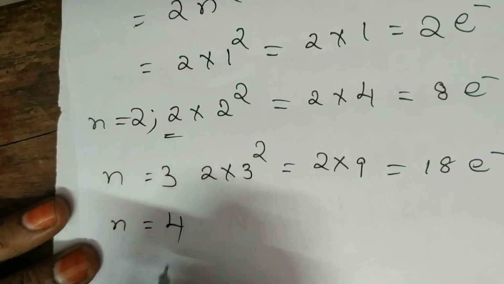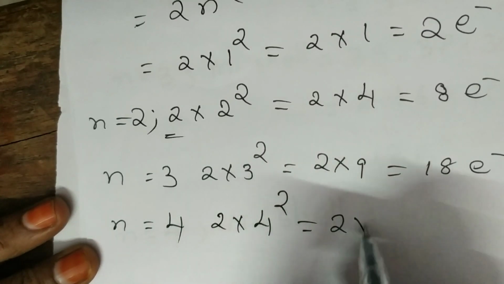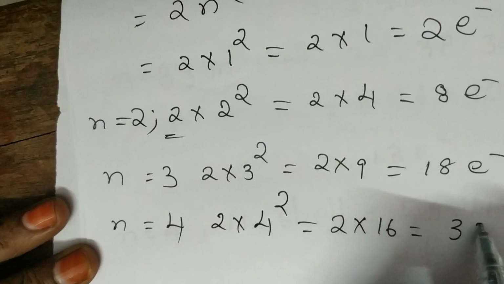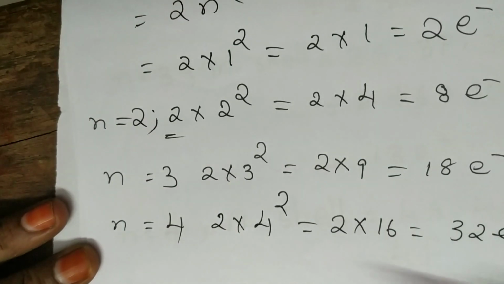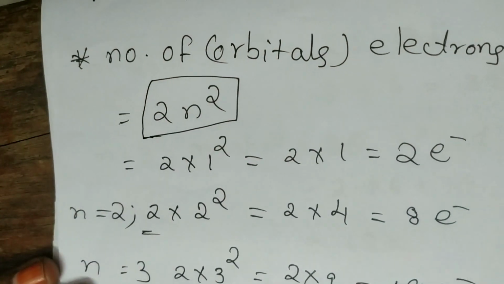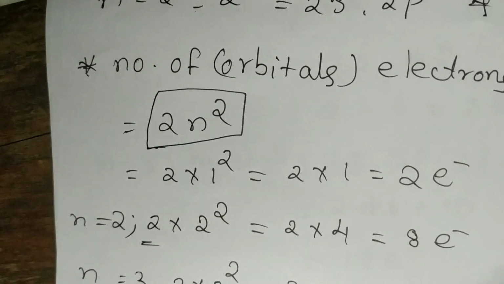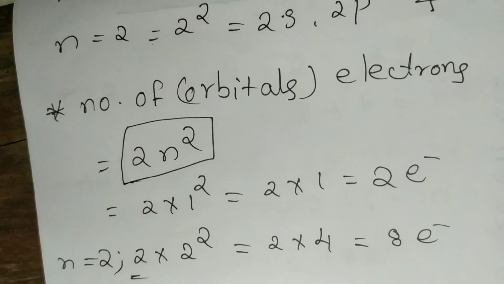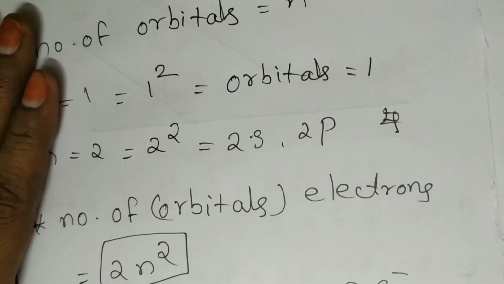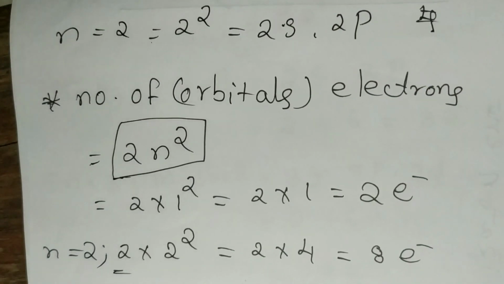Then n is equal to 4: 2 into 4 square, so 2 into 16, 32 electrons can be accommodated. So based on this formula 2n square, we can find the number of electrons present in each subshell. Based on this, we are going to find the electronic configuration.